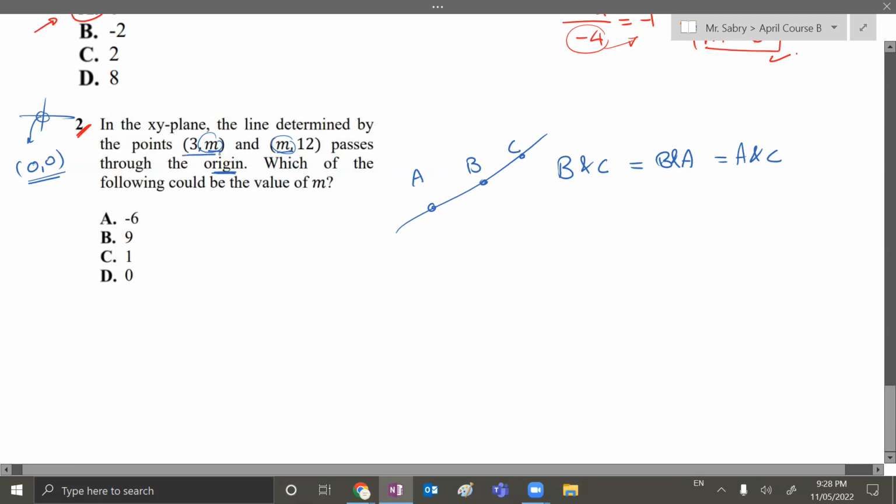I have 1 point and another point. What's the third point? It's the origin, which we said is (0, 0). So we have (3, m), (12, ...), and the origin (0, 0).